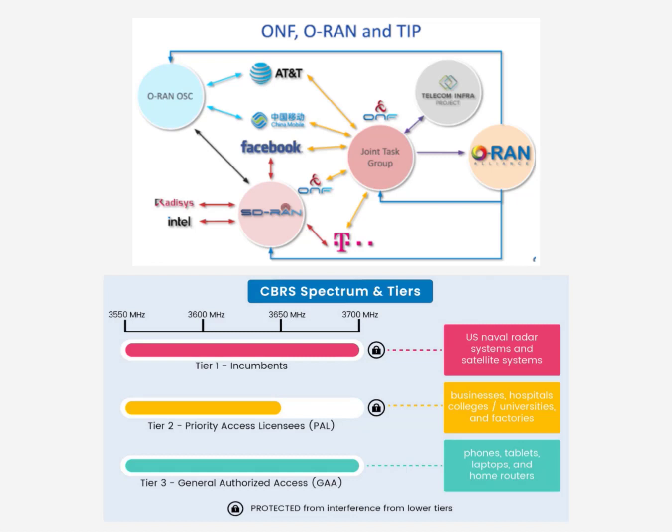Dumping gas on the open and private network fire, the FCC has made available commercially deployable CBRS spectrum that we see taking off in the recent auction, and as Spectrum Access Systems, SAS, go live.